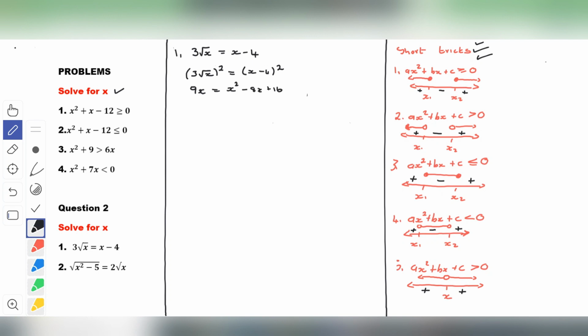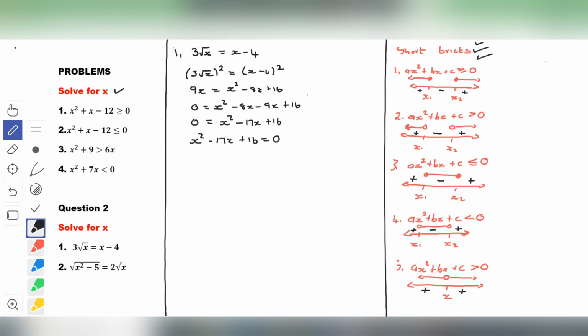Then after arranging this, we're going to have 0 equals x squared minus 8x minus 9x plus 16. Therefore, we have x squared minus 17x plus 16 equal to 0.